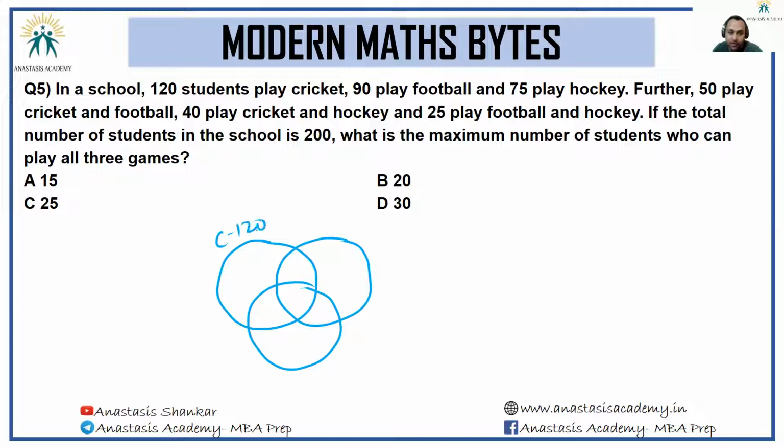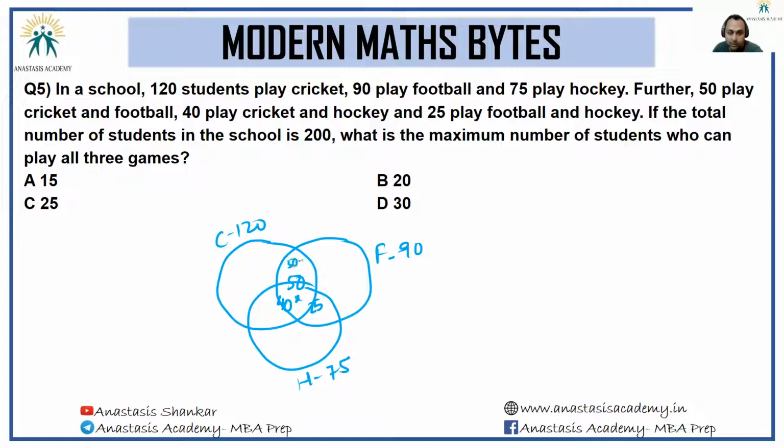Cricket 120, football 90, and hockey 75. 50 play cricket and football, so let this be 50. 40 play cricket and hockey. And 25 play football and hockey. So let this be x.